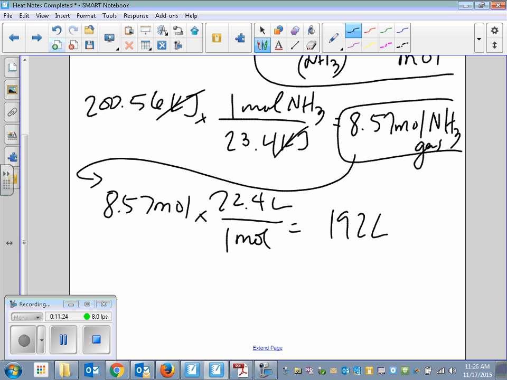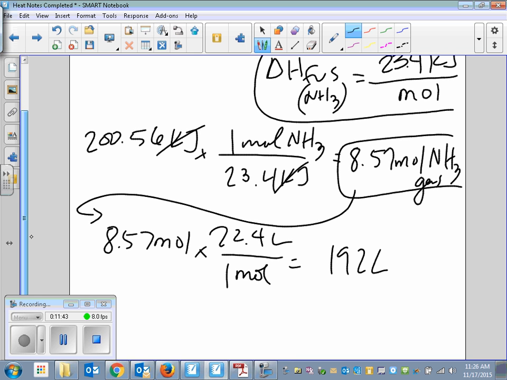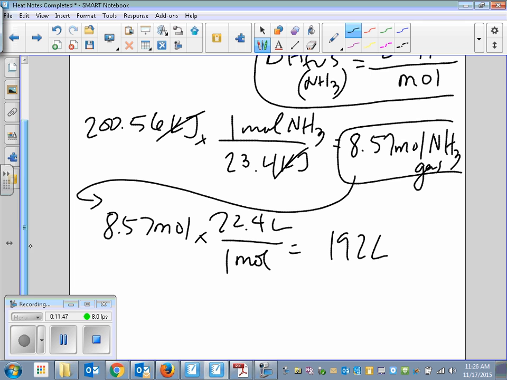Did I change the value on yours? No, you had ammonia. I had scratched out the answer. I'm not sure why I changed the answer for you. But this is the correct value for the heat of fusion, or no, this is vaporization. No, it says fusion.